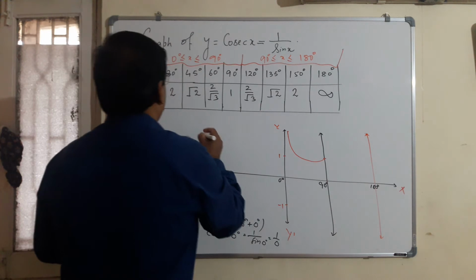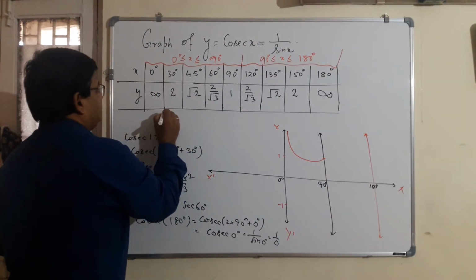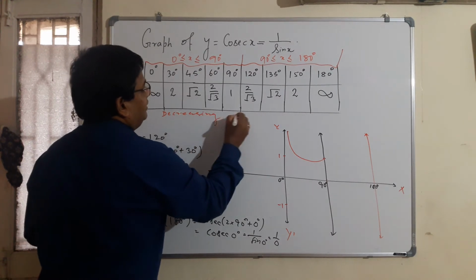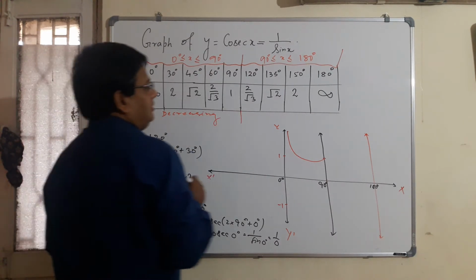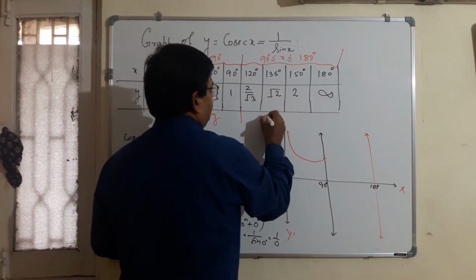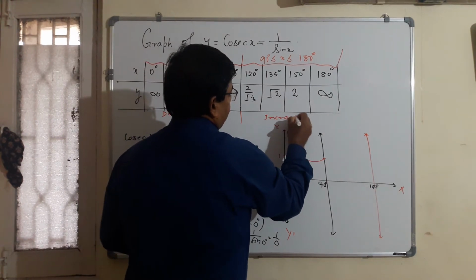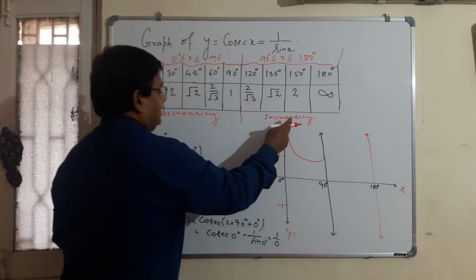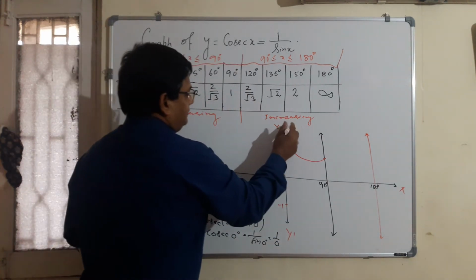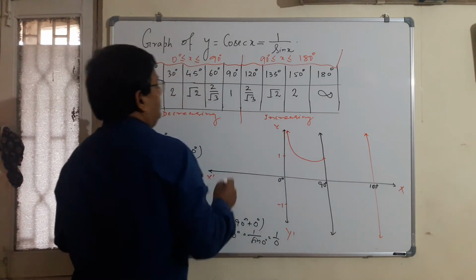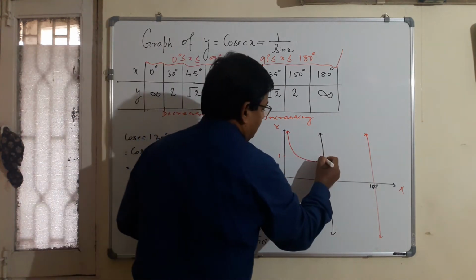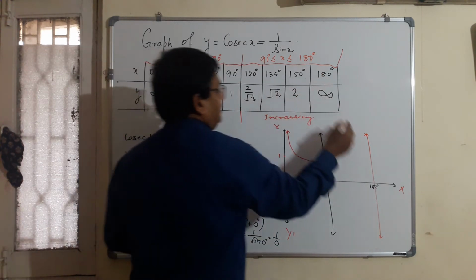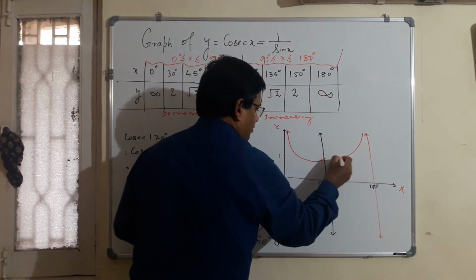Here the value is decreasing in the first quadrant. Now here the value is increasing. At 0 degree infinity, at 90 degree 1, and at 180 degree infinity.